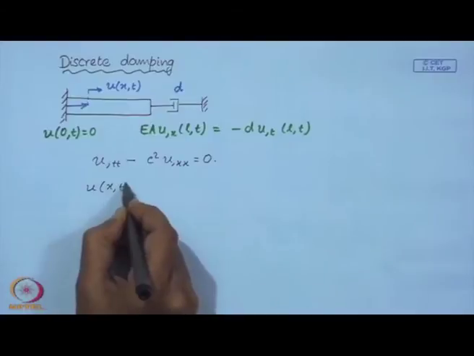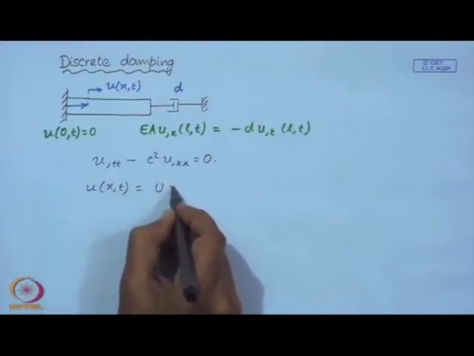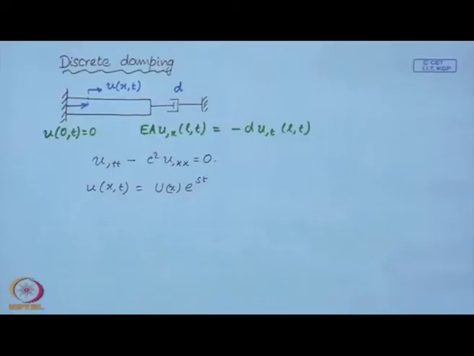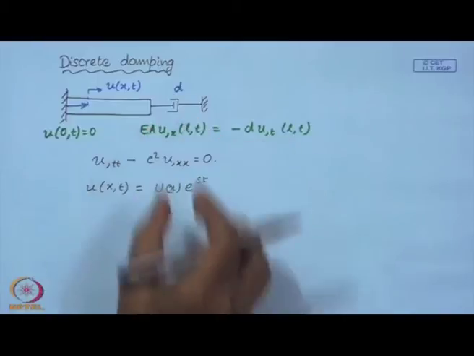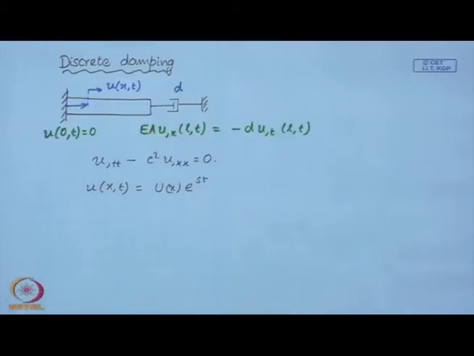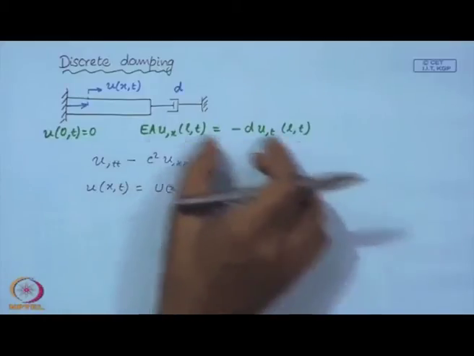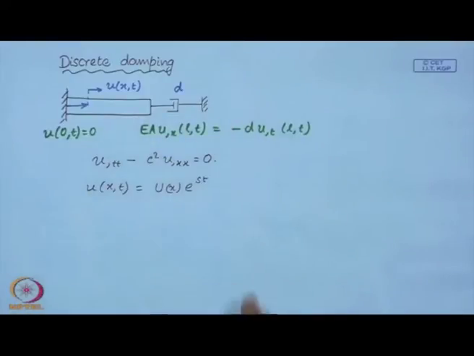Let us search a solution of the form like this. So, we have a discrete damper at this end, and we have introduced this damping not in the equation, but in the boundary condition, which we can always do.